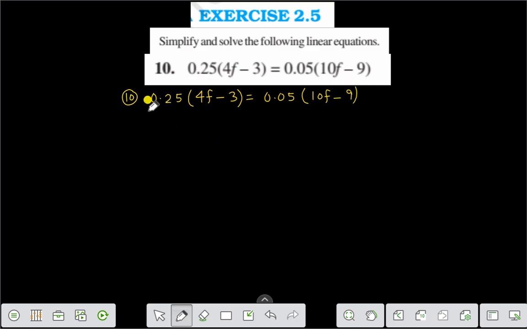Right? 0.25 can be written as 25 by 100, into 4f minus 3, is equal to, and 0.05 can be written as 5 by 100, into 10f minus 9.